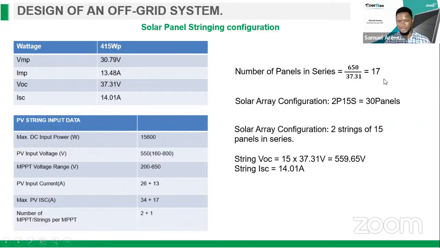You have 17 panels, but like I said, we are going to use 30 panels, and 17 panels is not up to our required capacity. So I'll be using a configuration of 2P 15S, which is 2 strings of solar array, and 15 panels in series. So looking at that, you have 15 multiplied by 37.31 volts. We have this total VOC, or total voltage across the array. So you have 2 of them.